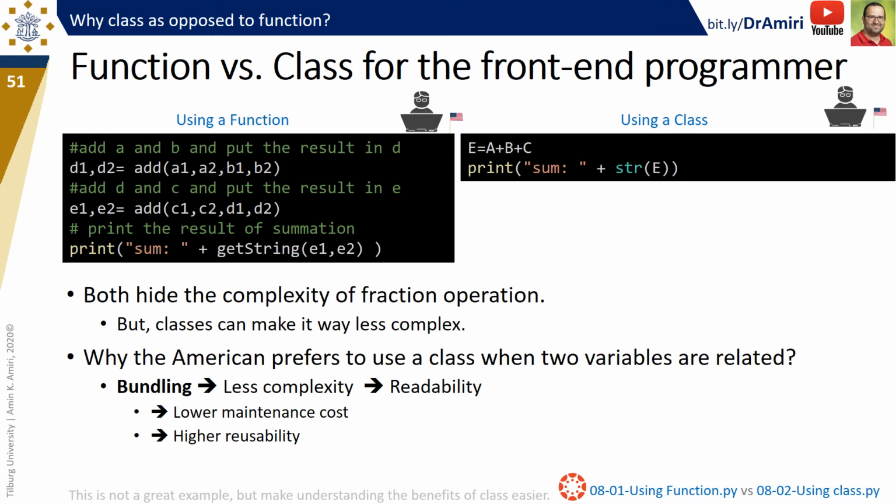That's why the front-end programmer prefers to use the class, because when you use bundling, you have less complexity that will increase the readability of the code, and that will lead to lower maintenance costs for this code in future.